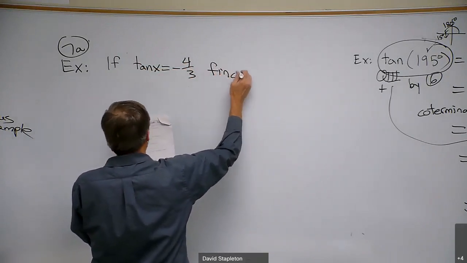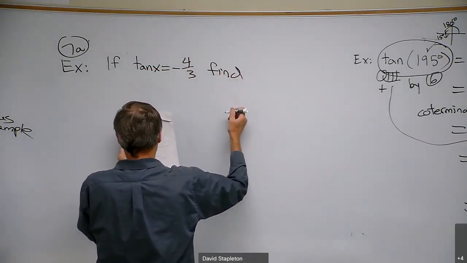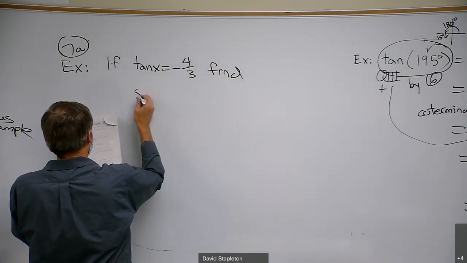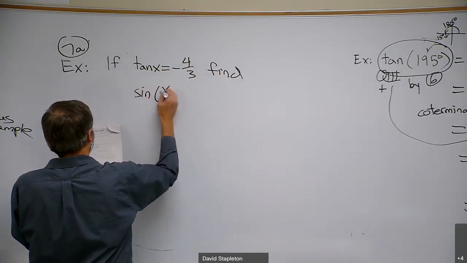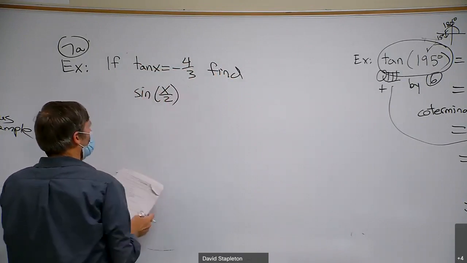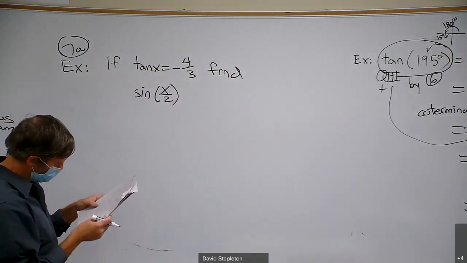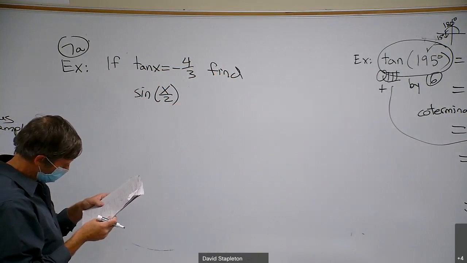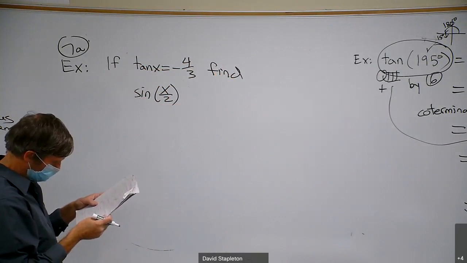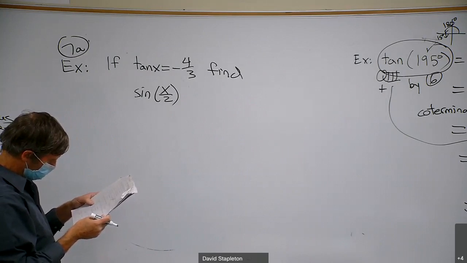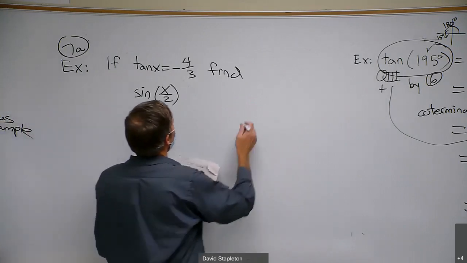What is the exact value of sine x over 2? X is in quadrant 4.